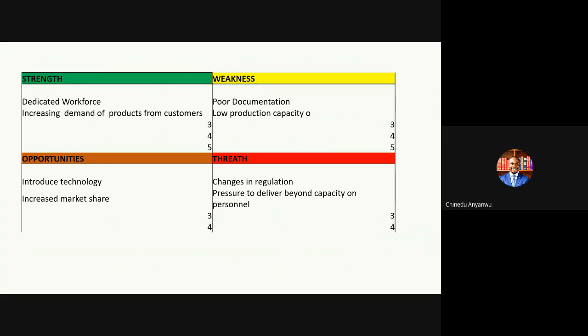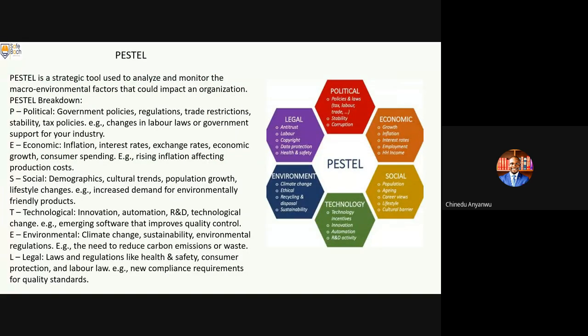Now, what organizations can simply do is to have a simple SWOT document like this, identifying their strengths, identifying their weaknesses, identifying their opportunities, and identifying their threats. Now, another tool that organizations can use to determine their internal and external issues is a tool we refer to as the PESTEL. The PESTEL tool is simply a tool that is used to determine key factors that can impact an organization.